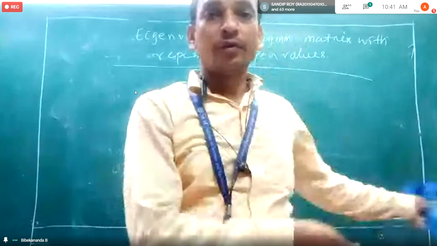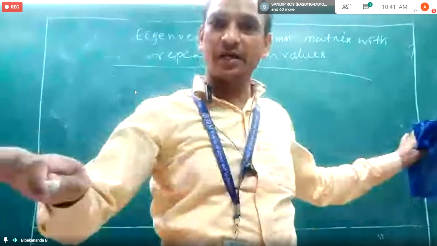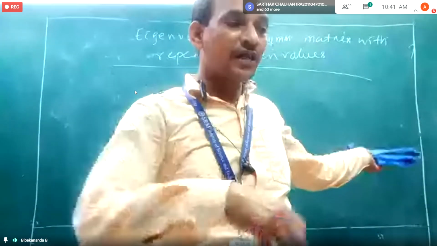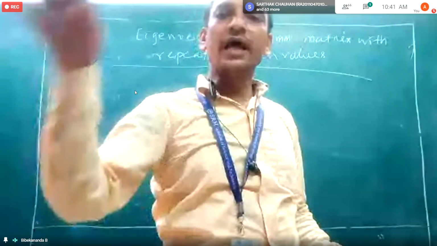Just before, we did a case where it was not a symmetric matrix but the eigenvalues were repeated. Now this is the case where it is symmetric and the eigenvalues are repeated.